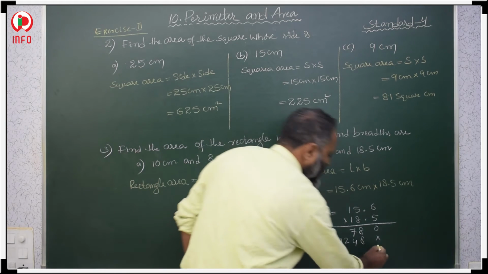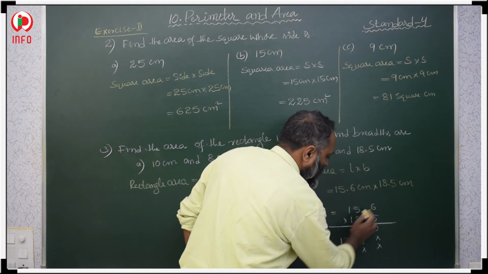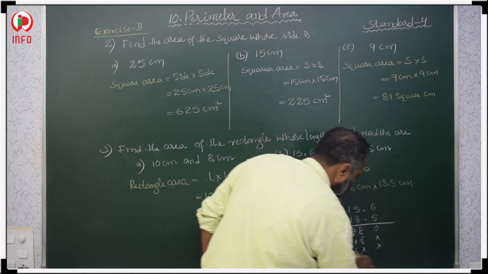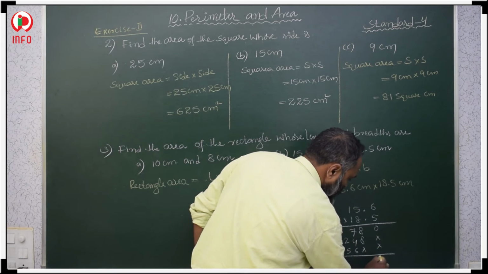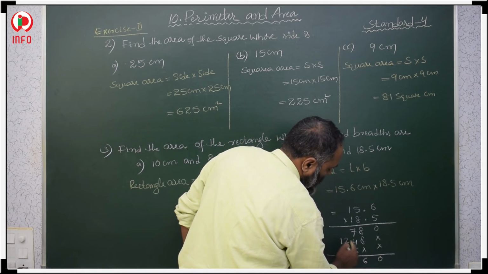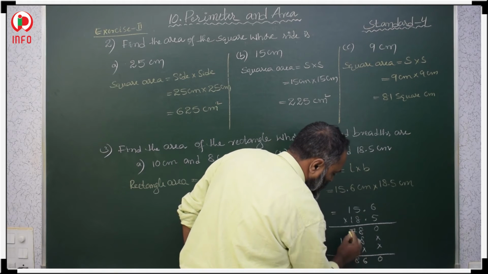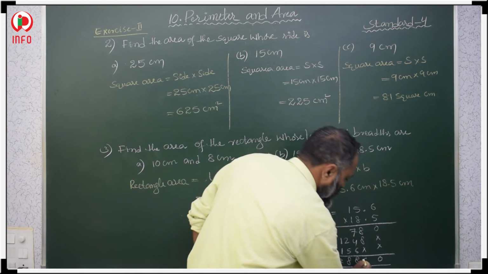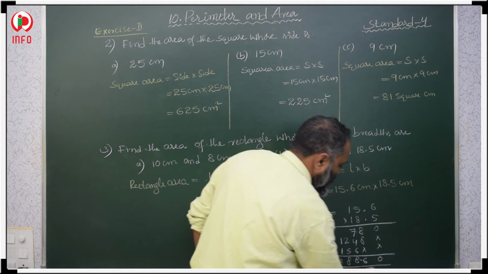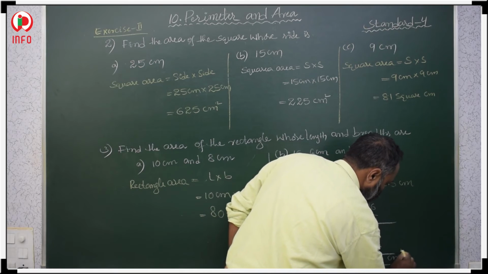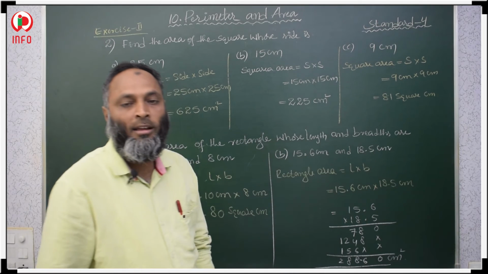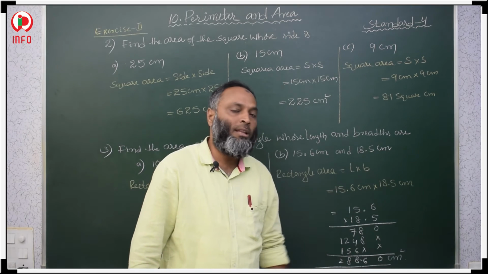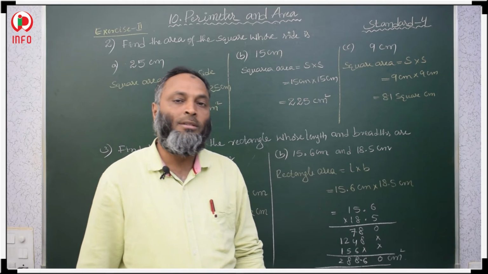Next with 1. 1 6 is 6, 1 5 is 5, 1 1 is 1. Add. After 2 digits we keep a decimal. 288.60 square centimeters. This is the area of a rectangle with length 15.6 centimeters and breadth 18.5 centimeters. Okay.